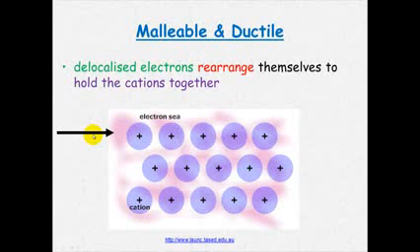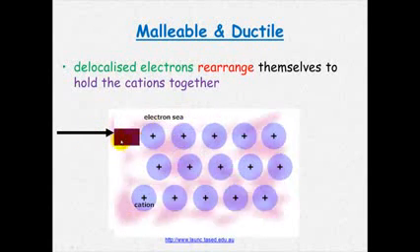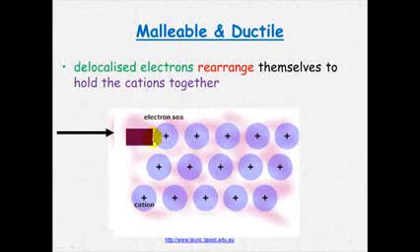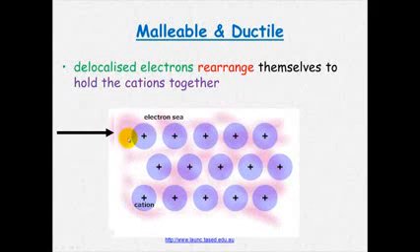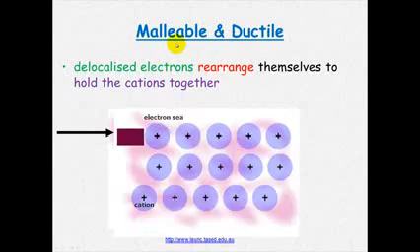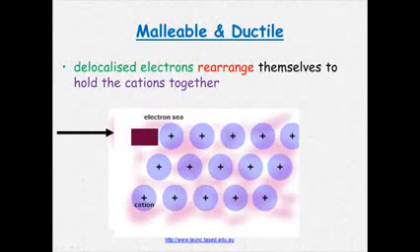If I apply a force to this lattice, what will happen is these cations are just pushed across, but the electrons just rearrange themselves around the outside, so it becomes quite stable. This means that you're able to bend it, and it also means that it's ductile.